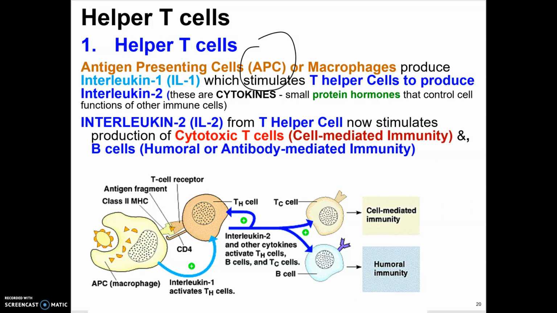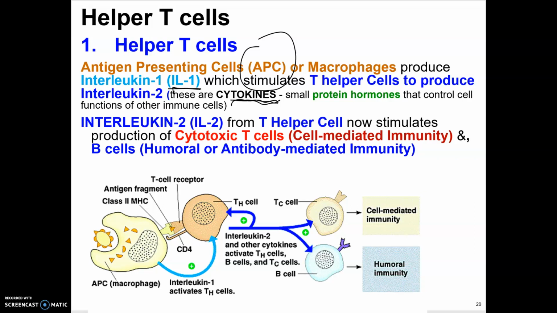Now those macrophages, those APCs, they're going to produce a compound called interleukin-1, sometimes abbreviated IL-1. If a helper T cell comes in contact with interleukin-1, it produces interleukin-2. Now both of these compounds are called cytokines, and a cytokine is a chemical messenger, a small protein hormone that controls the functions of other immune cells.